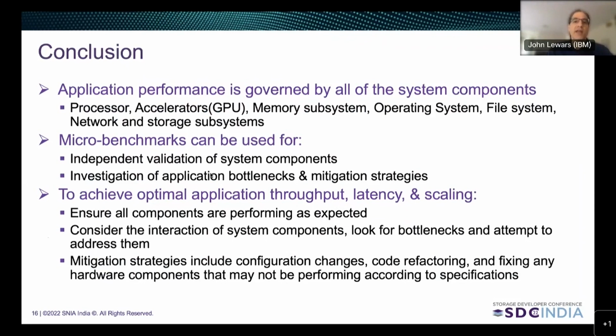Do some investigation with the various approaches we described, looking at traces, profiling, and counters, to figure out where your bottlenecks are, and then you can simulate a similar access pattern using micro benchmarks. So it's all about making sure that all your components are running as expected, that you've looked in all the appropriate places for bottlenecks, and you've tried the kinds of mitigation strategies that we've discussed.